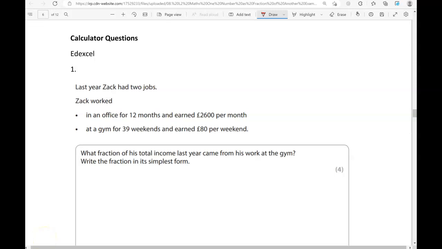So let's work out the income coming from the office. 12 months, £2,600 per month.